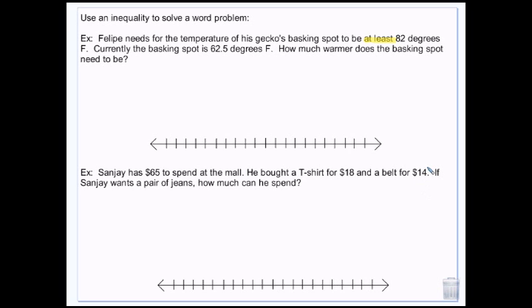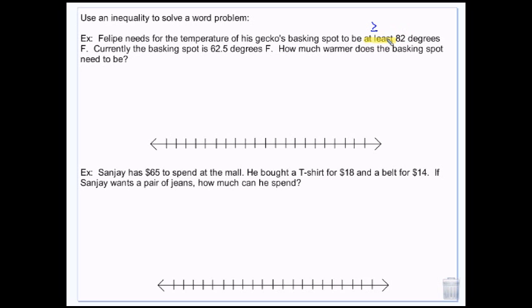Because if I have at least $5, that means I have $5, but I could possibly have $10, $20, right? So it sounds opposite of what it actually is. It's greater than or equal to. At most would be less than or equal to, because if I say I have at most $10, that means the most money I have is $10, but I could possibly have less than that. So it's backwards from the way it would sound. So at least is greater than or equal to.